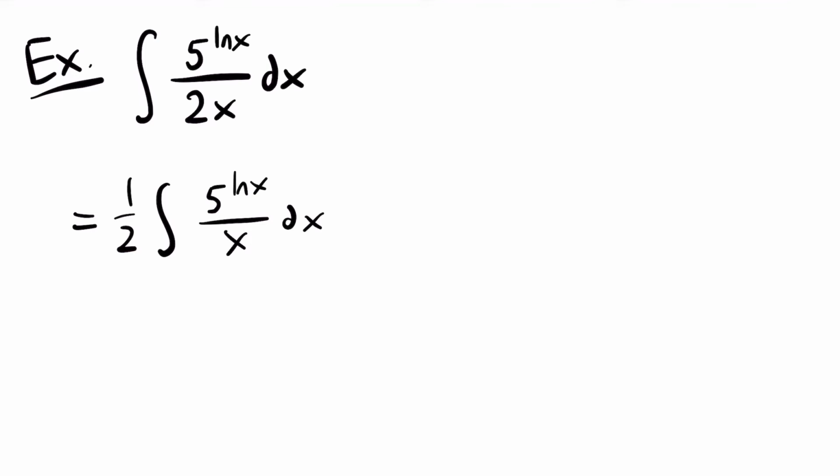And so remember, when you do that, you want to make sure that whatever you set equal to u, the derivative of that function is also within your integral. And so if we're going to set u equal to the exponent here, what is the derivative of the natural log of x? Well, we know that the derivative, d/dx, of the natural log of x is equal to 1 divided by x. And so do you see this function in this integral here?